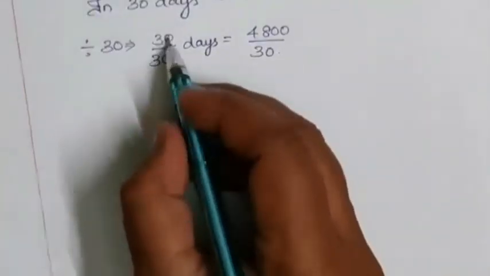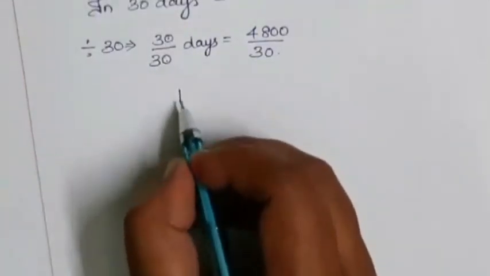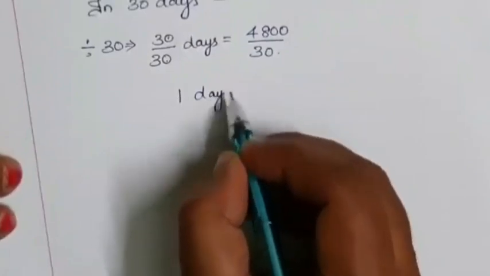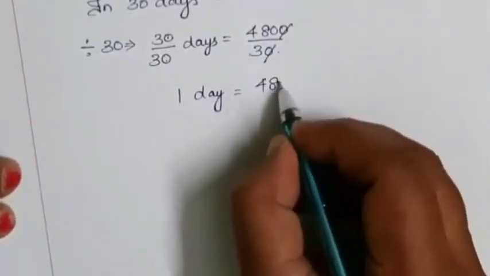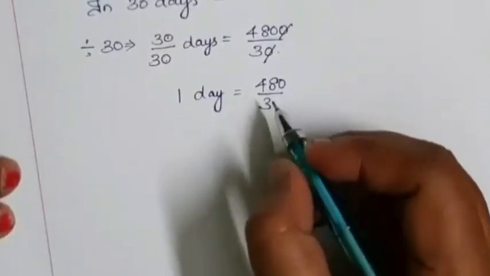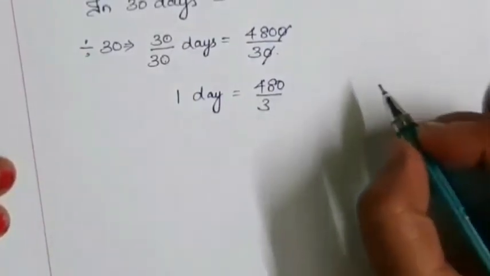Dividing 30 by 30 we get 1. Therefore 1 day is equal to, here also 0 0 gets cancelled, we get 480 divided by 3.